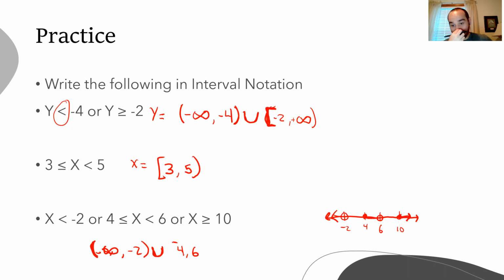The 4 is included, so we want a square bracket on that. The 6 is not included, so we want our normal parenthesis. And then another union, and it is from 10 to positive infinity. Positive infinity has that parenthesis, and then 10, since it's greater than or equal to, is a square bracket.